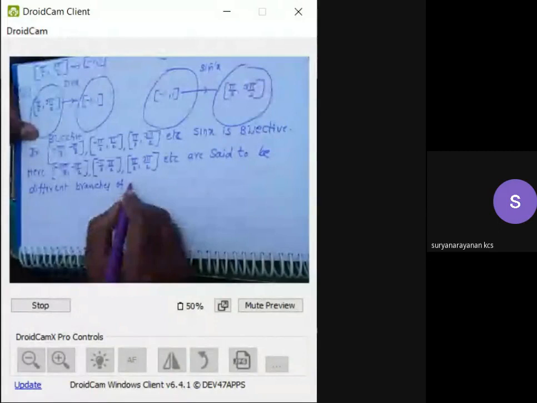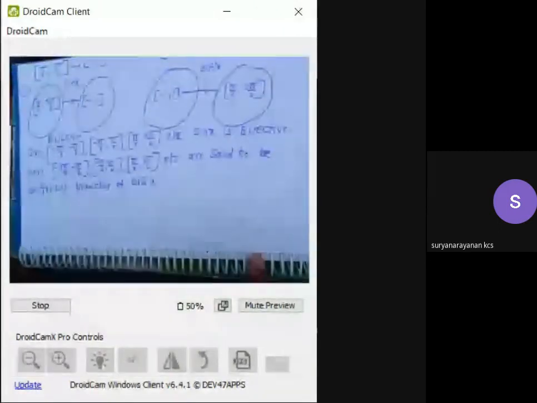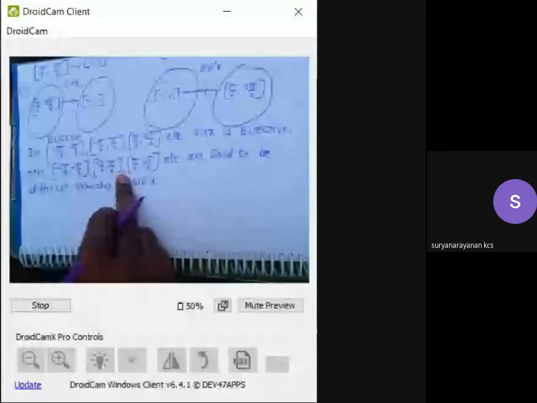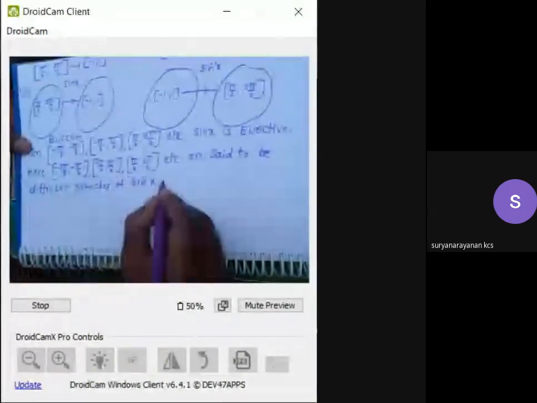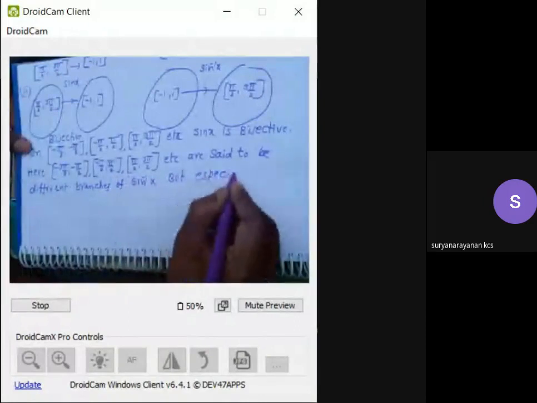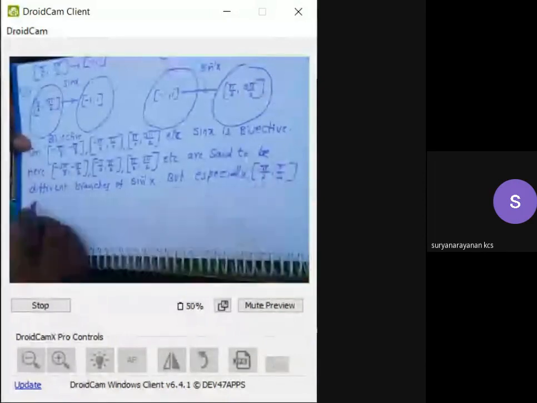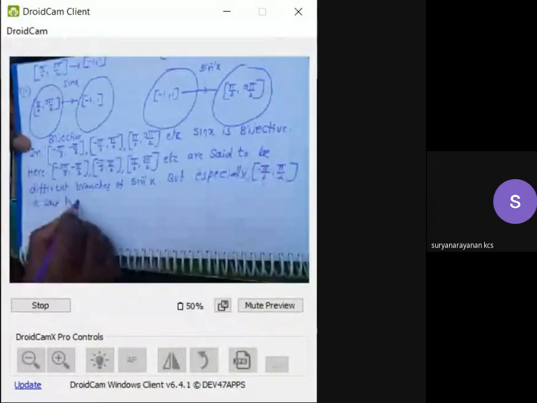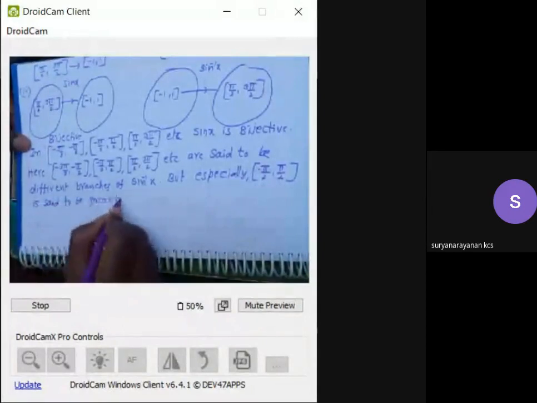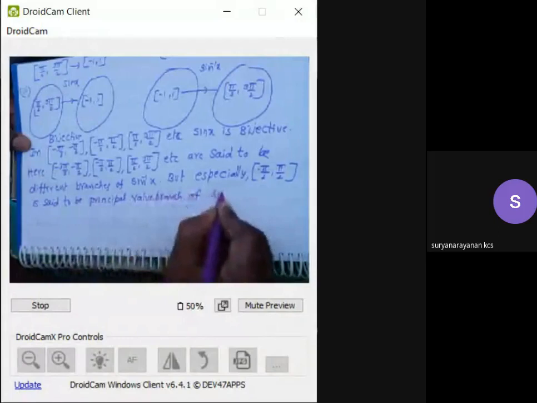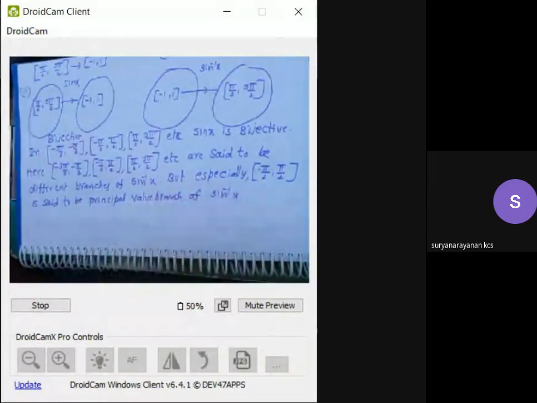These are all said to be different branches of sine inverse. But especially this closed interval [-π/2, π/2] is said to be the principal value branch of sine inverse x.